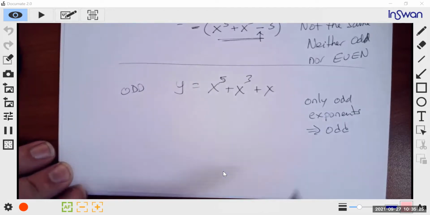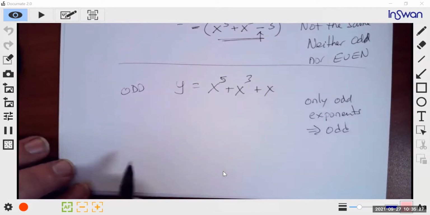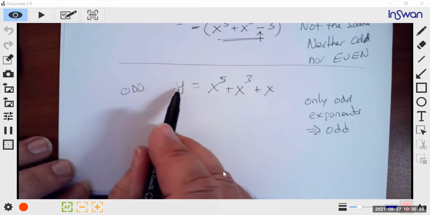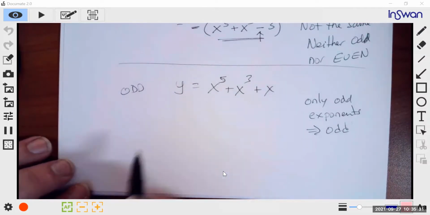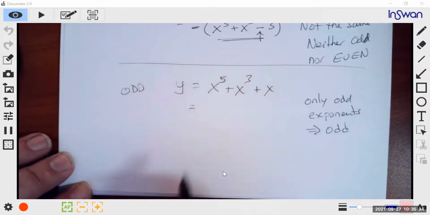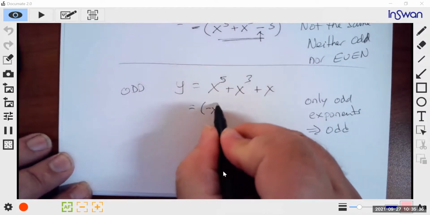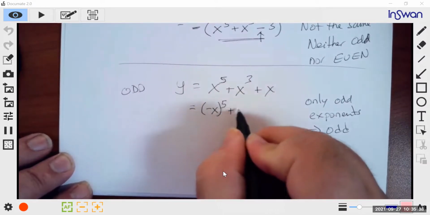So in other words, what an odd function means is we want to change this from a positive to a negative function. So I change all the x's to negative x.